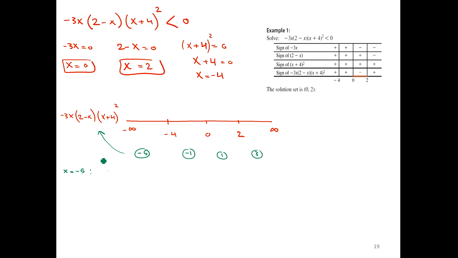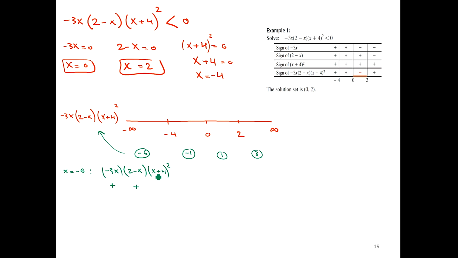Then 2 minus x, and x plus 4 squared. The first one is positive. The second, 2 minus negative 5, is also positive.